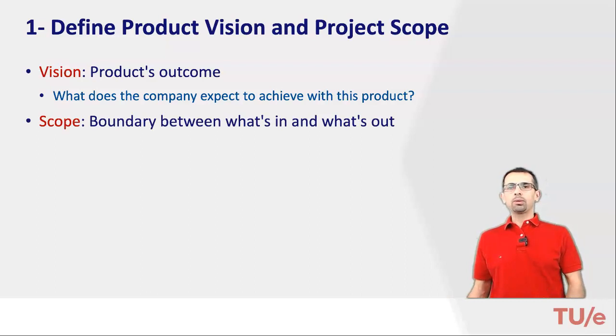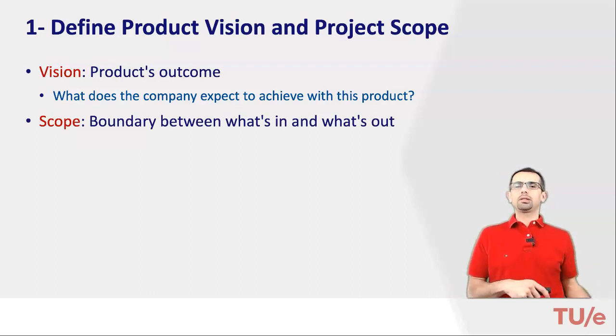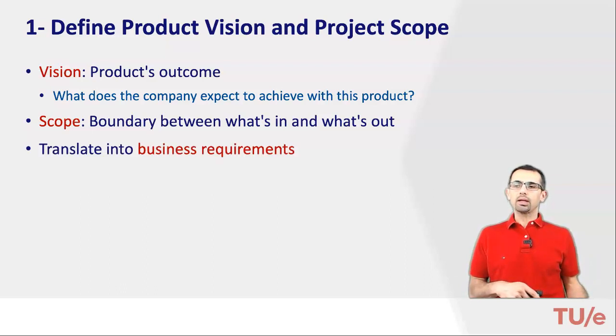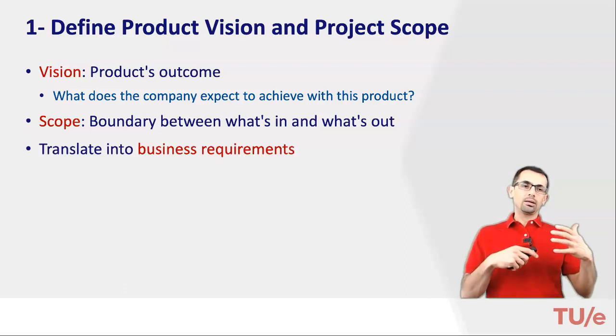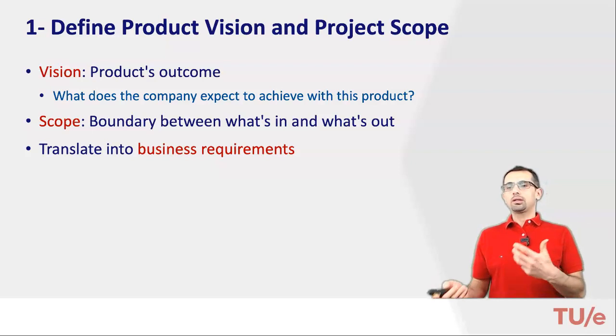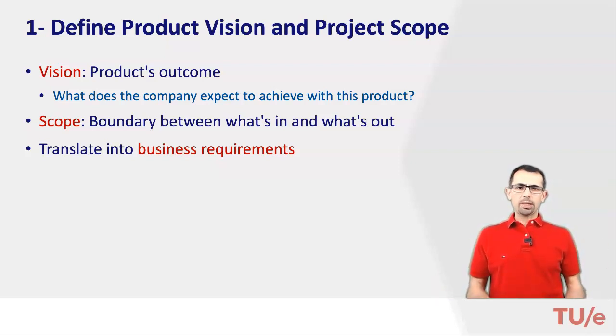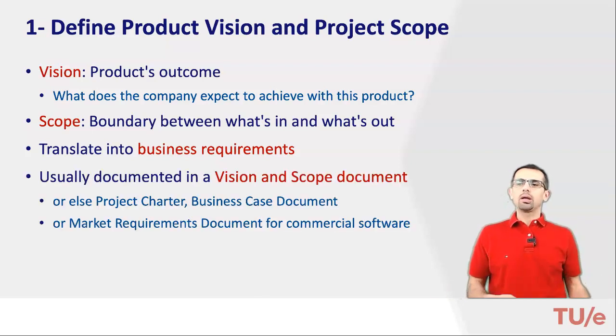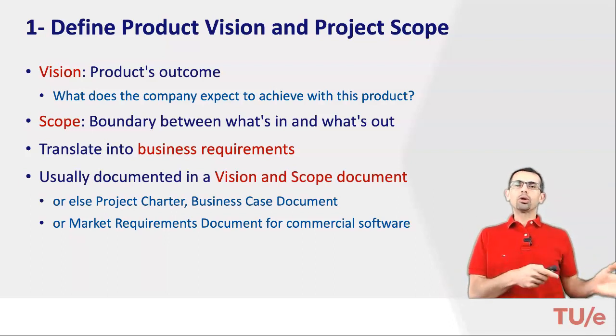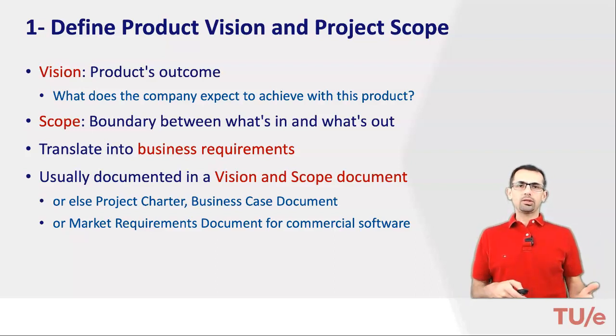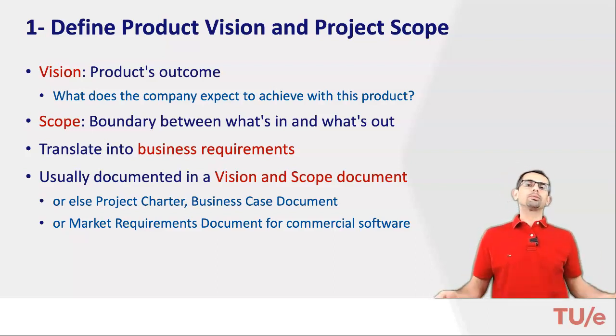Scope is basically the boundary between what is in and what is out, not more than that. So the product vision and scope translate into business requirements, but business requirements will have, you'll see, more than just these two. Business requirements are mainly documented in a vision and scope document or a business requirements document.